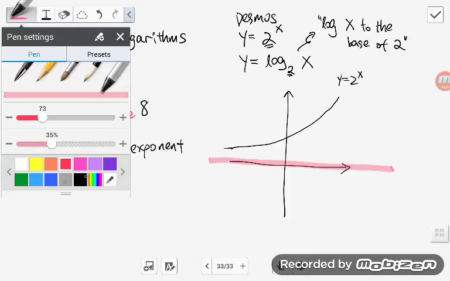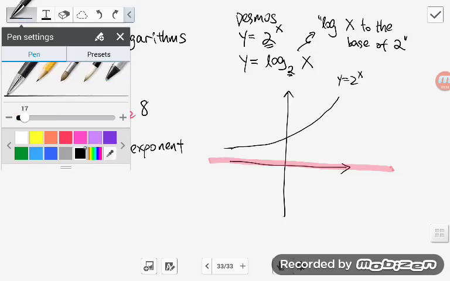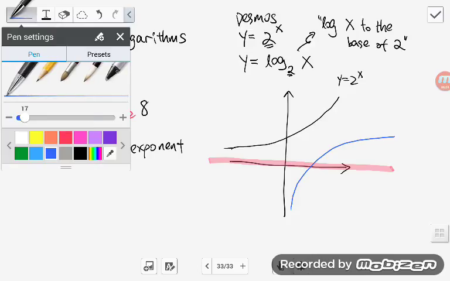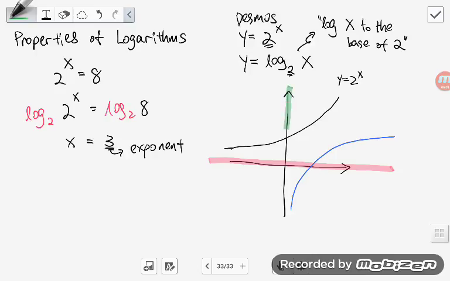Now for your log graph, it should be like this. And for your log graph, you will have a vertical asymptote here. Vertical asymptote for your log graph.